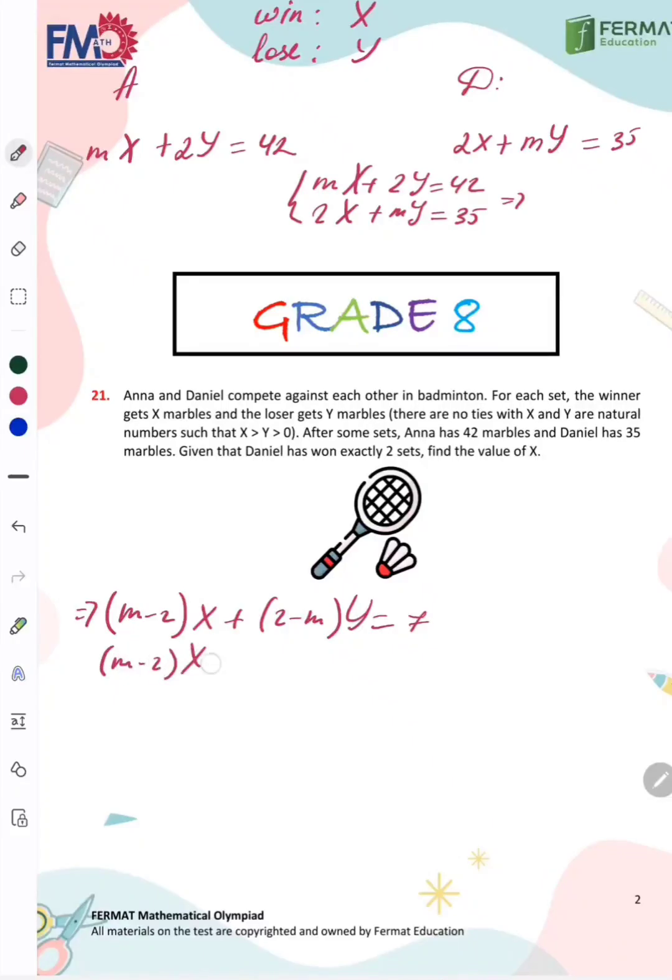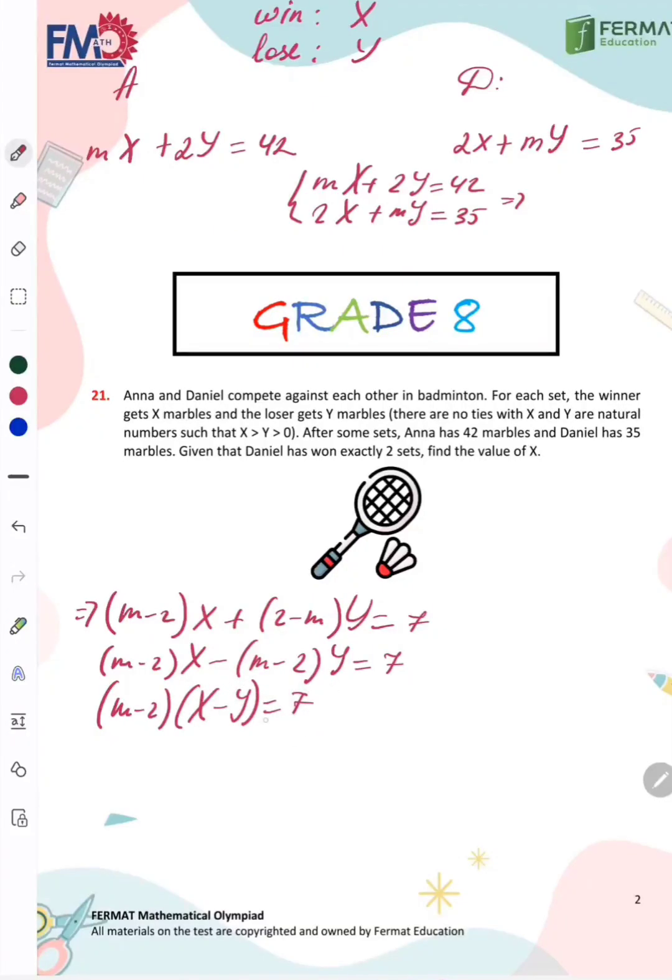We can change the places by taking the negative out of the brackets: (M minus 2)X minus (M minus 2)Y equals 7. So M minus 2 comes out: (M minus 2)(X minus Y) equals 7.